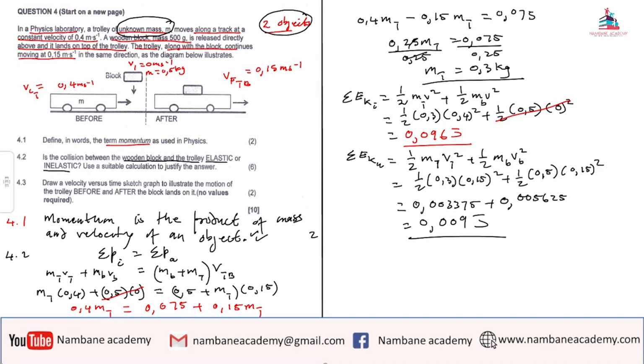The one is 0,096, the other one is 0,0096. So what does this say? It says the sum of EK before is not equal to the sum of EK after.